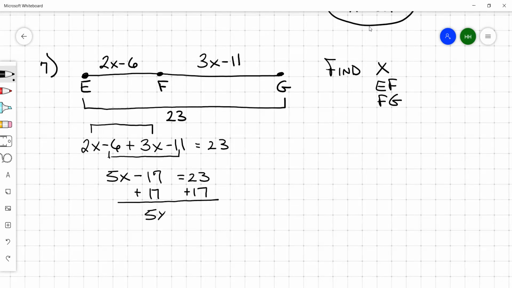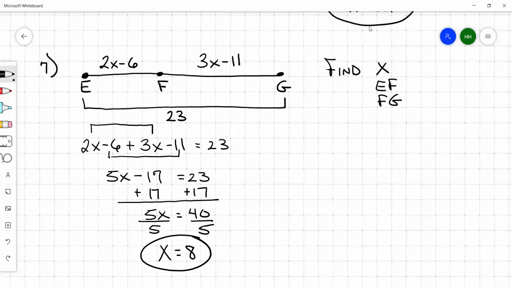Your 5x will equal 40. And then you can divide both sides by 5. X will equal 8. So that's your first answer. Your x is equal to 8.